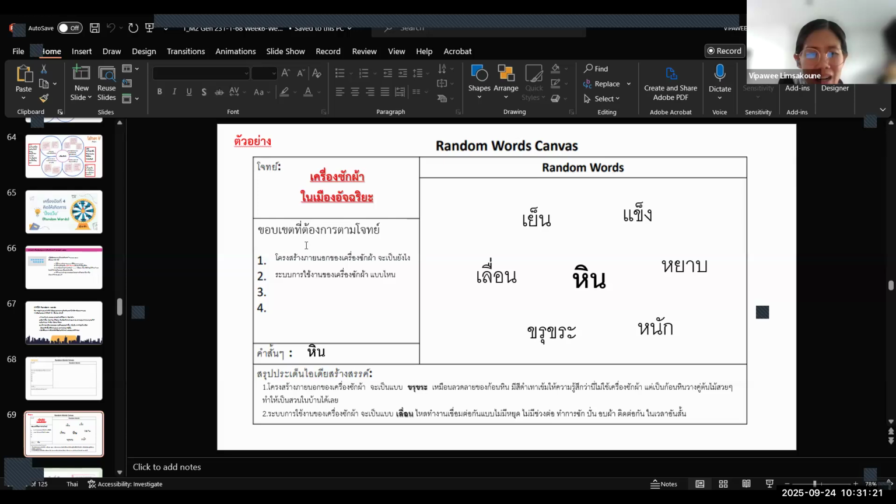After that, you will need to conclude your idea based on the constraint or the design topic. The first one is about the external design of the washing machine. It will be rough, so the design outside of the washing machine will be rough. Looks similar to a rock, and the color is black.